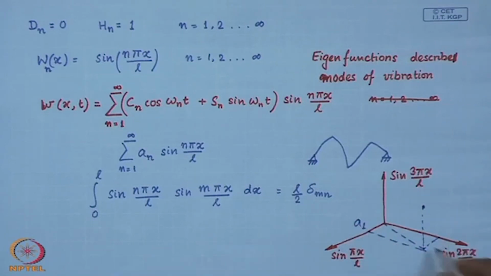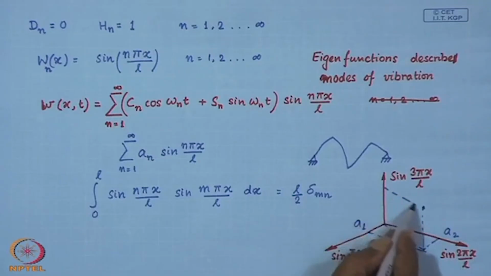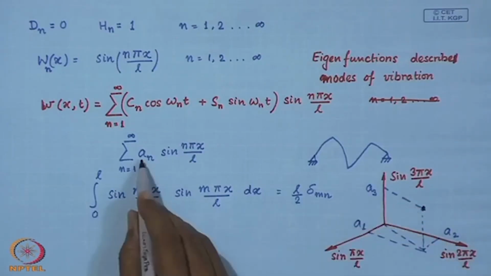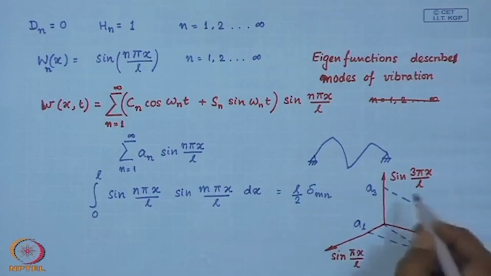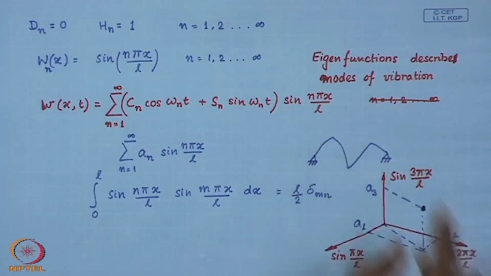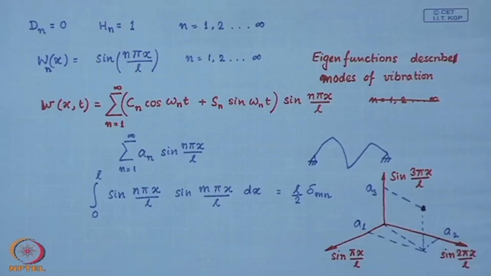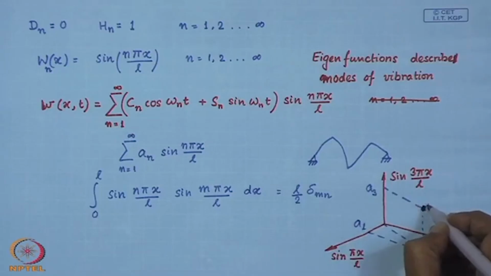This is A1, this is A2, this is A3, and like this you can have all these coefficients A1, A2, A3, A4 up to A infinity. So, in this space the configuration of the string at a particular time instant is nothing but a point in this infinite dimensional space. So, as the string moves, it is nothing but the motion of this point.